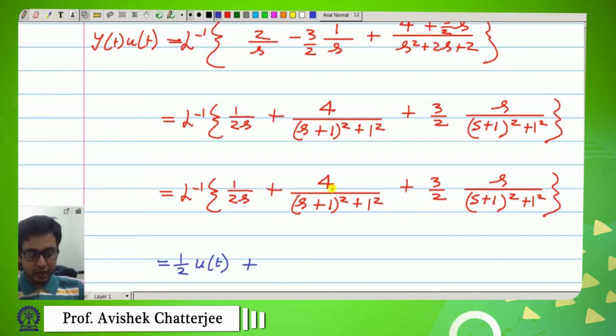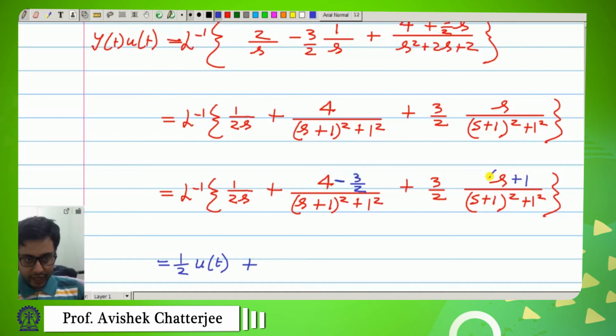This will give a sine signal, this will give a cosine signal because we have s in the numerator. But also since here instead of s square we have (s plus 1), we will also have some e to the power minus 1t. Okay, so I will do this. I will put a plus 1 here and I will adjust here minus 3 by 2.